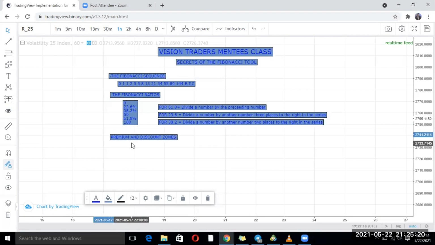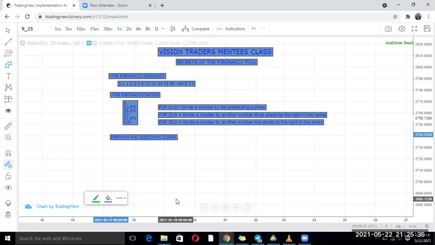You must ask yourself, what is premium, what is discount? When in a buy trend, let me pick the tool from here. In a bullish trend, we have the market making a series of higher highs and higher lows, right? So we have this market making this.